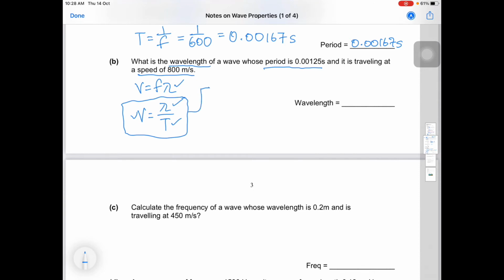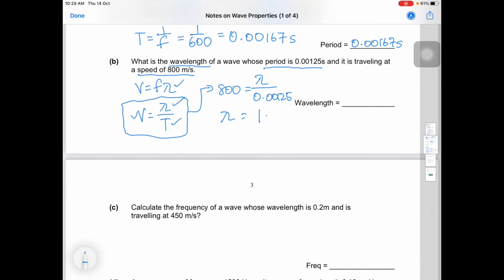So let's fill in the numbers here. Write this formula down. Start filling in the knowns, which in this case is 800 for speed. Lambda is the unknown. And the period is 0.00125. Press your trusty calculator, which I am doing right now. And I get the answer of 1. Don't forget the units.